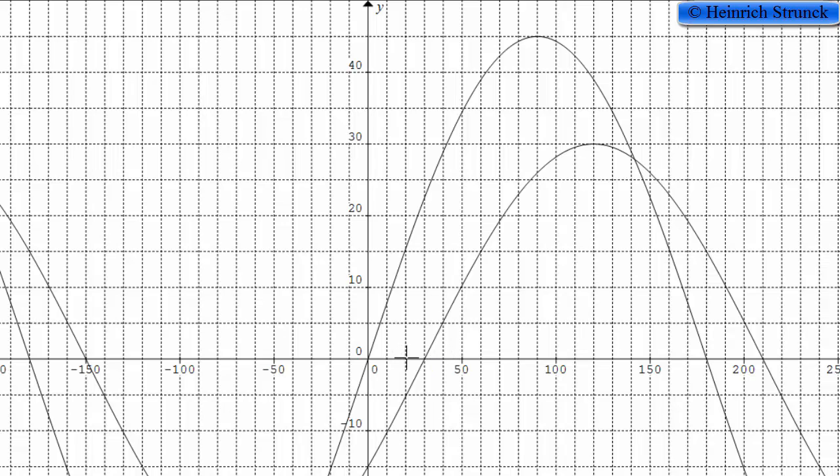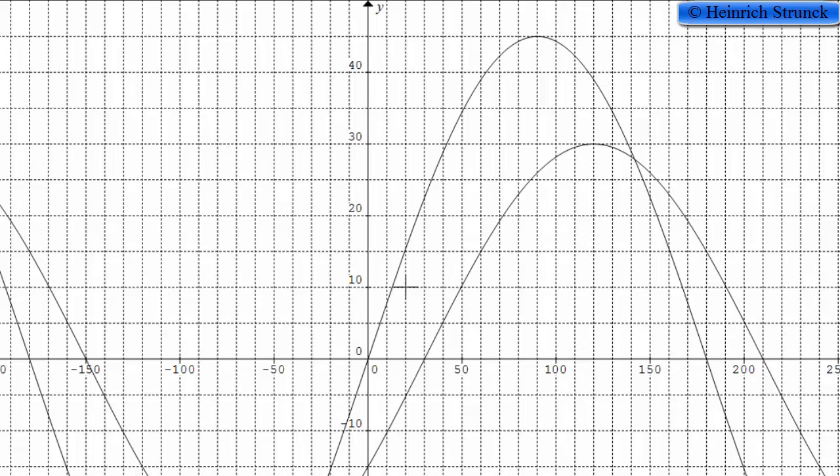For example, here at 20 degrees, the 45 volts curve has an instantaneous value of 15 volts positive. The other curve has a value of negative 5 volts. So the sum of these two values should be about 10 volts. So if we add these two sine curves, we want to have an instantaneous value here at 20 degrees of 10 volts.